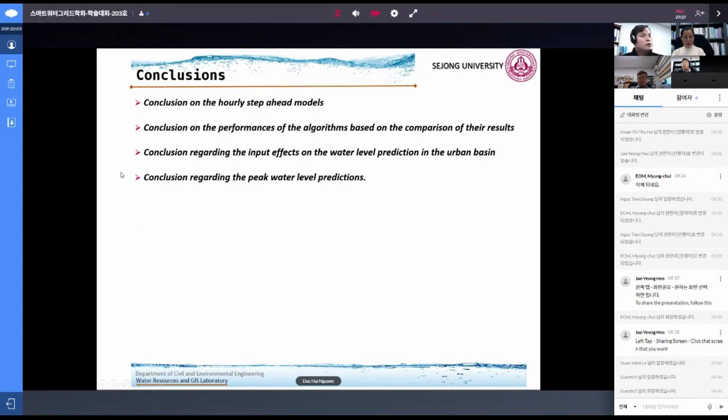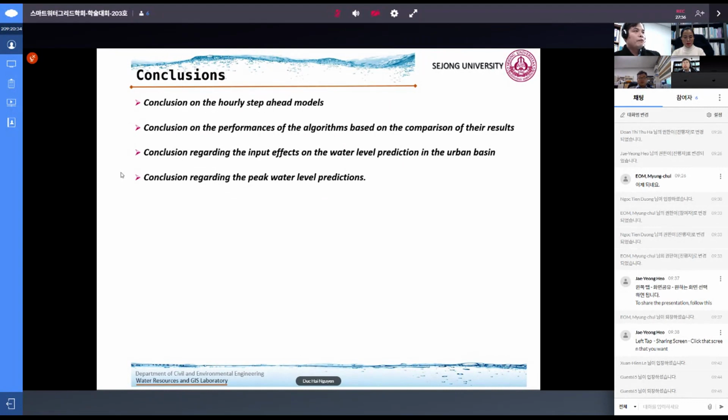Now I will talk about some conclusions from my study. The first one is the conclusion on the hourly step ahead models, that is, comparing which is the best model and which model will be helpful for water level prediction.